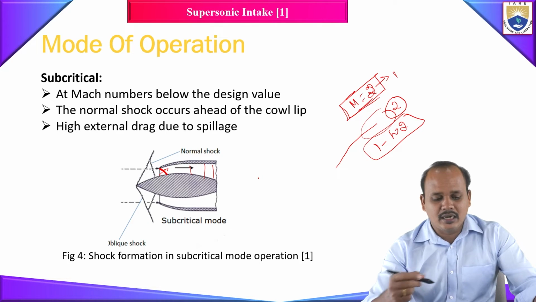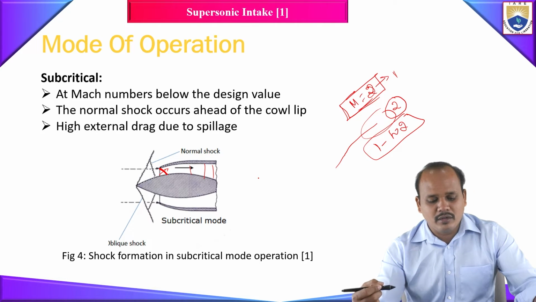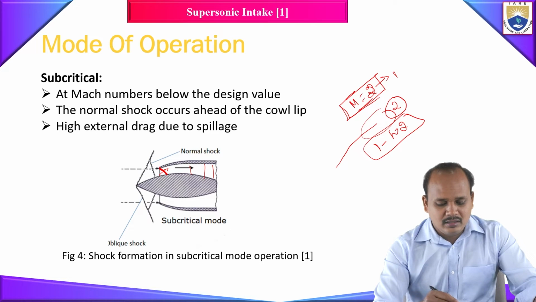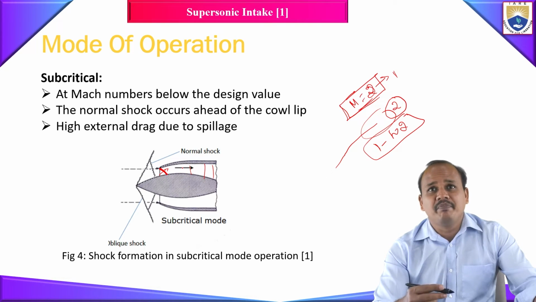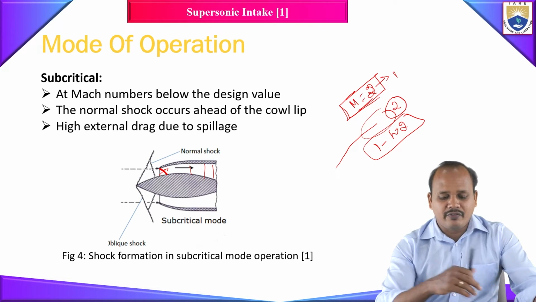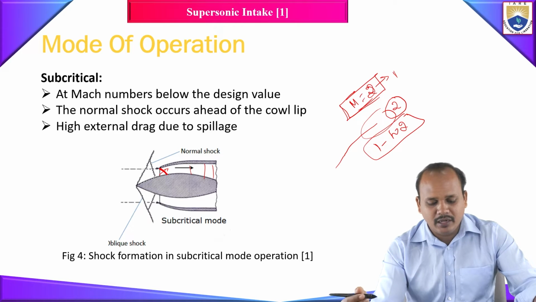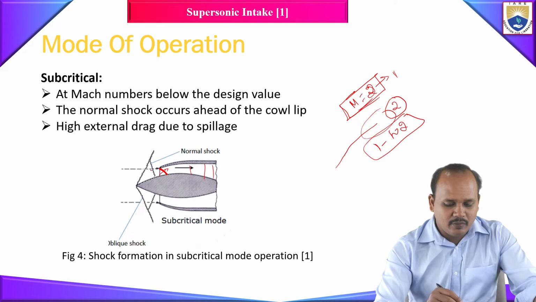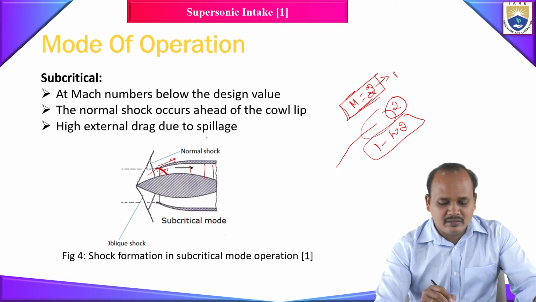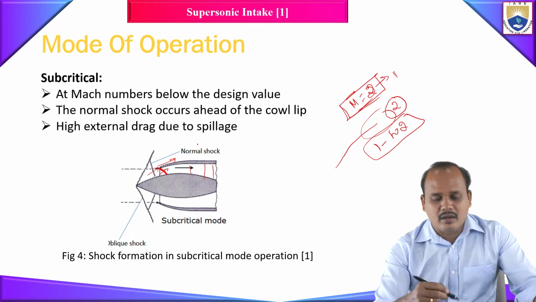But in the subcritical mode, rather than the normal shock wave forming at the lip, it forms ahead of your lip. Because of this, instead of the flow completely entering your intake, some of the flow will pass over your cowl.